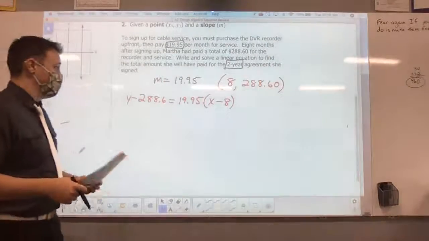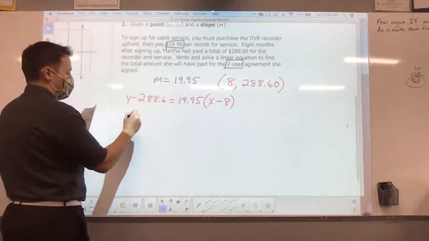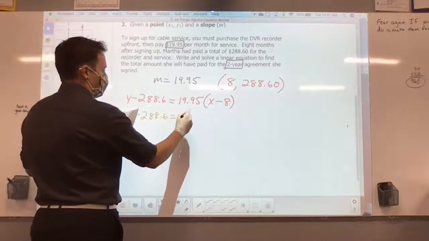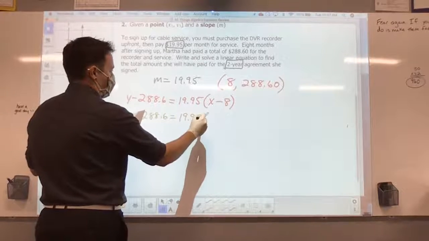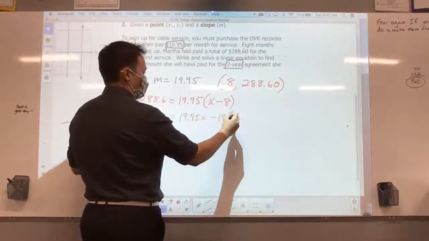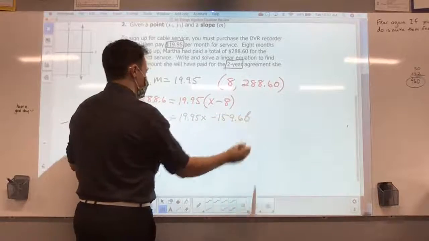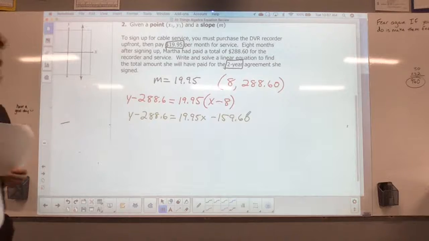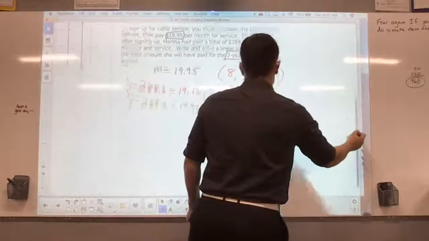I have it written down, but I want you to make sure you know, here's this. And then, ladies and gentlemen, it would be minus 159.6. Then what's my next step? Add, okay? I would add 288 to both sides.